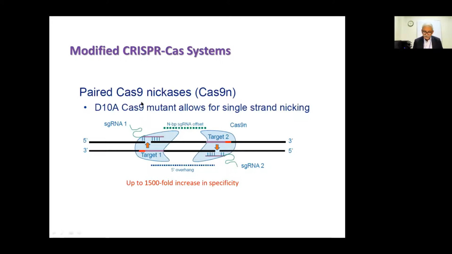So if you have this Cas9n expressed in a genome, which is also expressing a gRNA, the complex will go to the target site and will make a single-stranded DNA cut, not a double-stranded one.